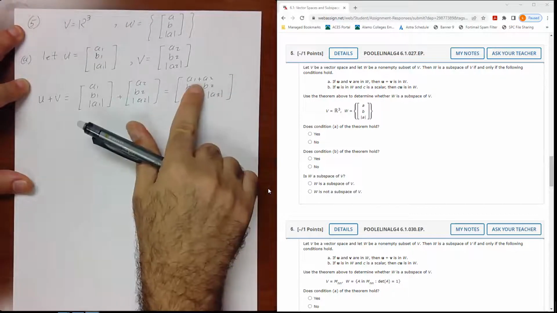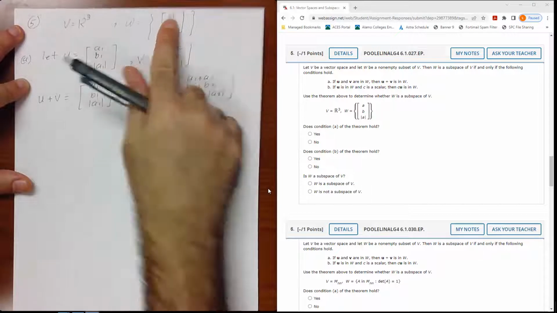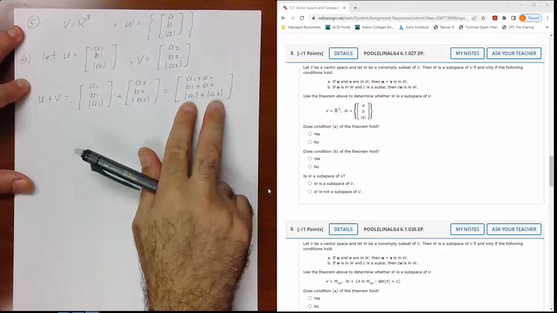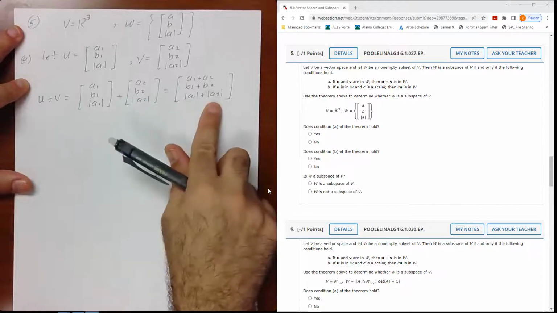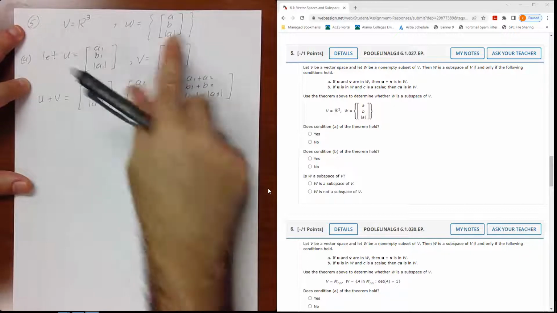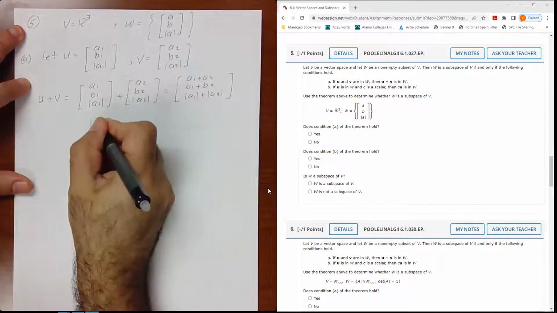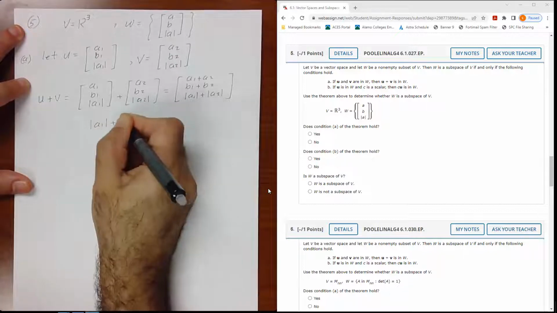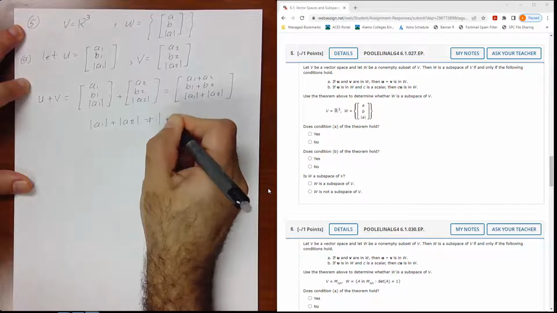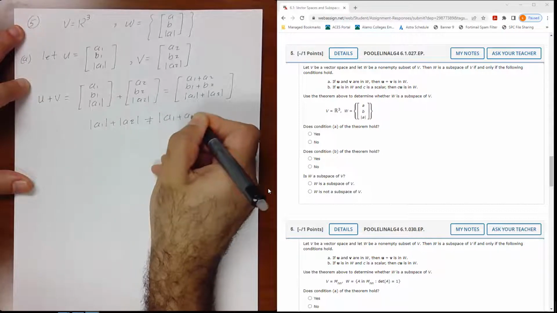The first element is exactly what we have here. The second element, exactly what we have here. But the third element, the absolute value of A1 plus the absolute value of A2, we can't say it's equal to the absolute value of A1 plus A2.